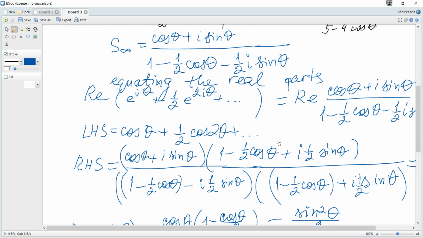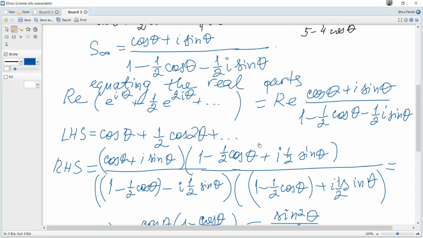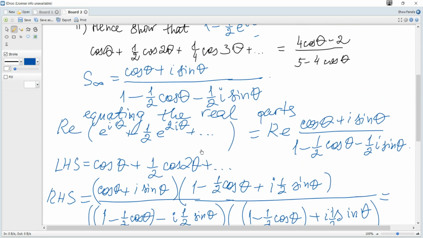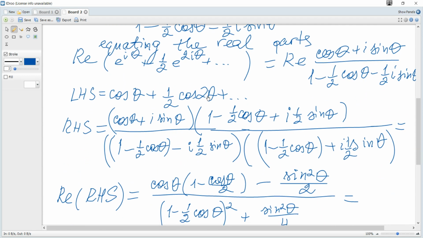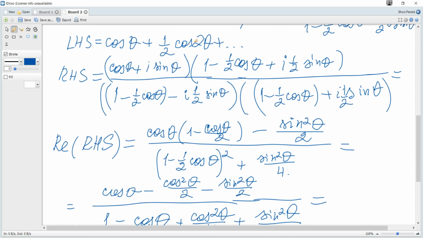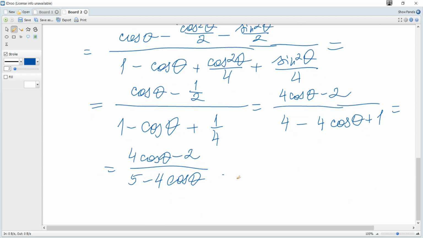So we can see that cosine θ plus a half cosine of 2θ is equal to this value, as required.